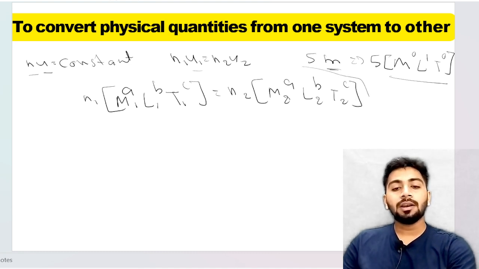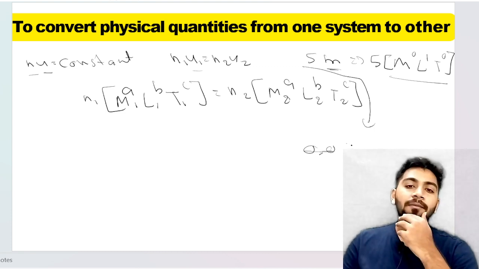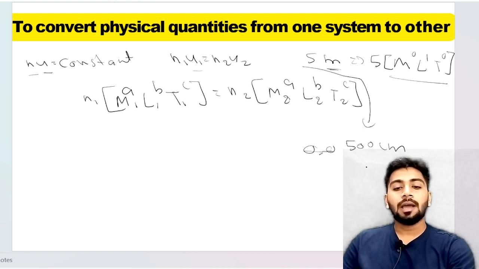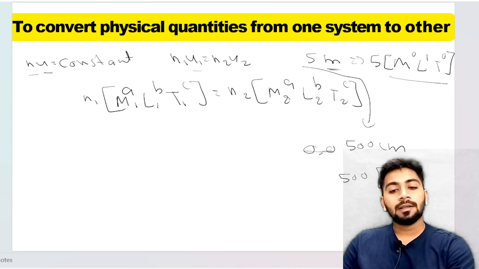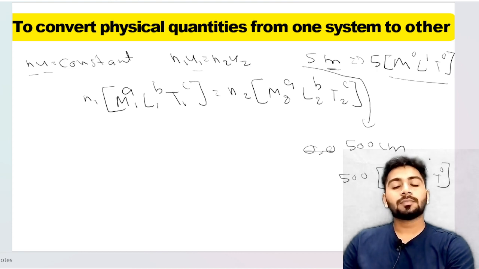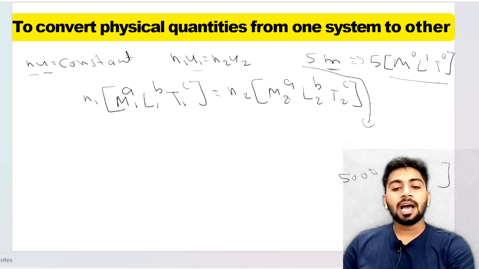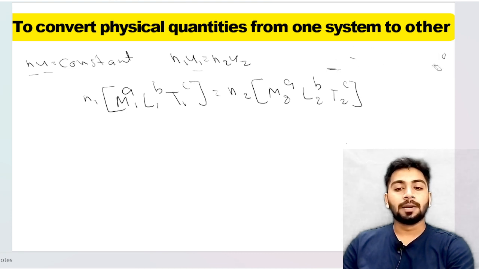See, just simple converting. 5 meter is equal to 500 centimeter. And 500 centimeter is also again the same. First mass 0, length centimeter. That's what I am writing here in general form, to find the final formula to convert from one system to another.